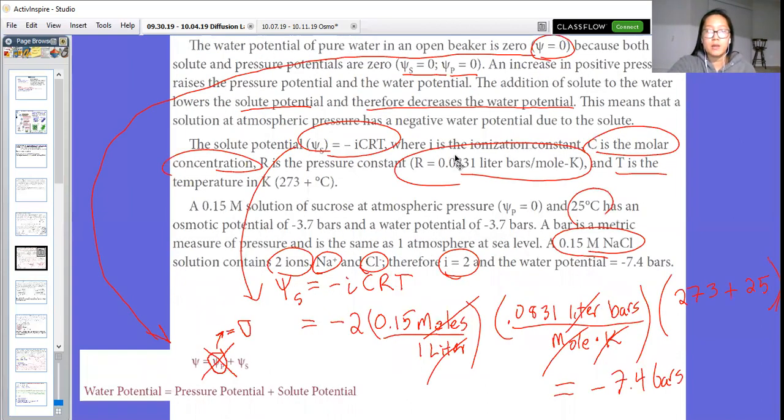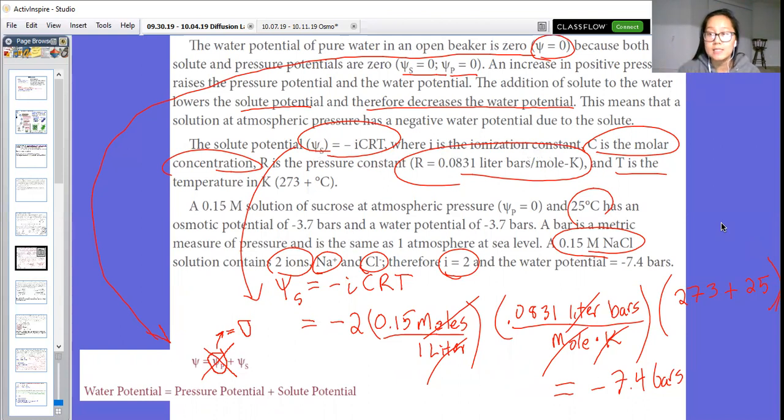And this is the formula that we're going to be using. This whole page is basically explaining that water potential, when we calculate using solute potential, is based on negative iCRT. And the i is the ionization constant. When we talk about ionizing, we're talking about things like salts breaking down.